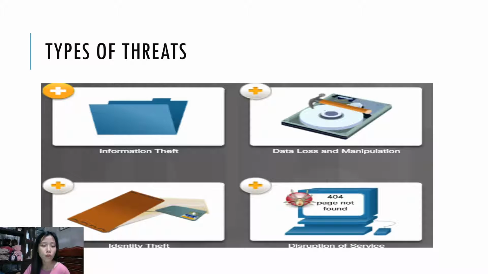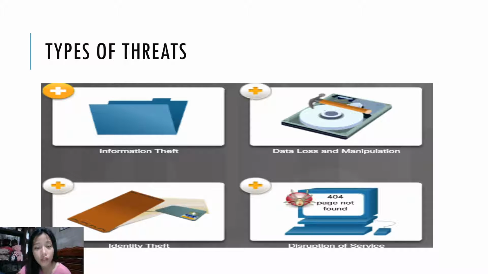So we have the types of threats: information theft, data loss and manipulation, identity theft, and disruption of service. Information theft is breaking into a computer to obtain confidential information. The information can be used or sold for various purposes, for example, stealing an organization's proprietary information such as research and development information.